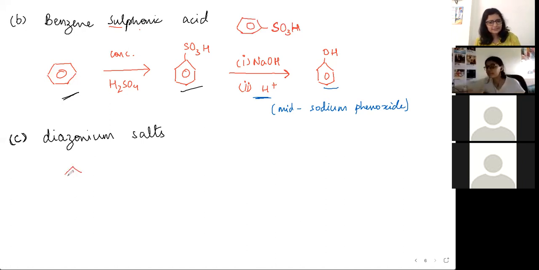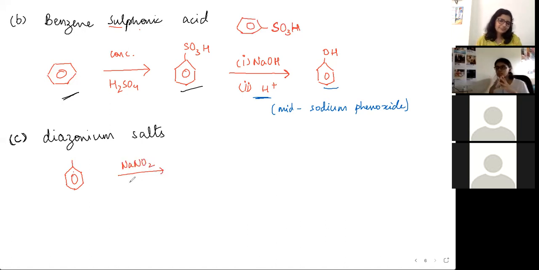You add a very cold mixture of NaNO2 and an acid. Then you form nitrous acid, and then you react it with the starting material, aniline. Correct.